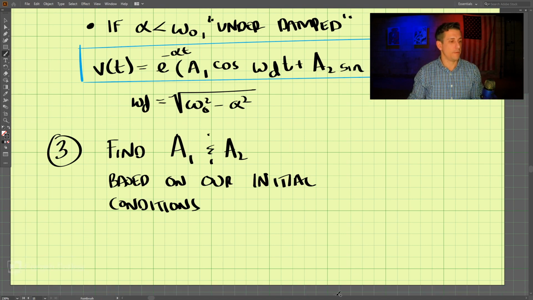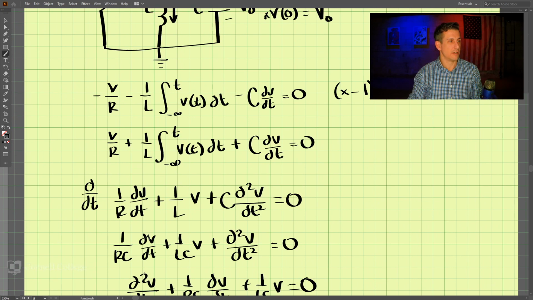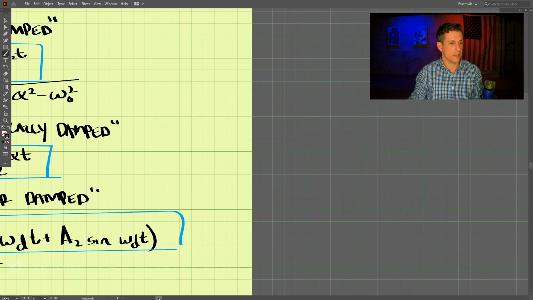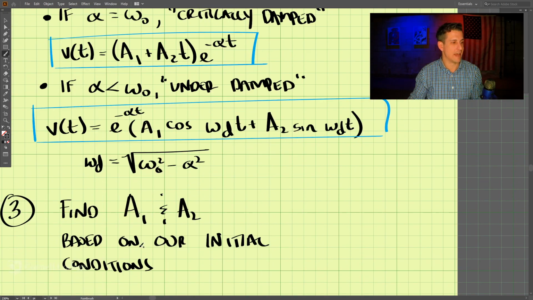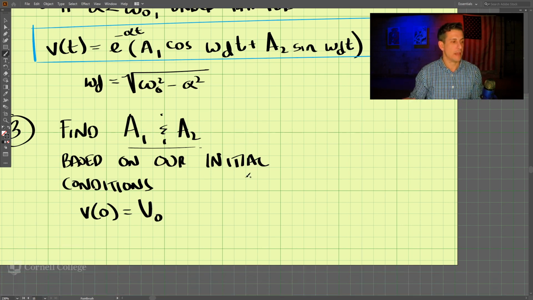So for example, if we go back to our circuit here, we know that the voltage at 0 is V0. So that is one of the initial conditions that we can put down. If we know that V0 is equal to this initial voltage, that will help us solve for A1 and A2.